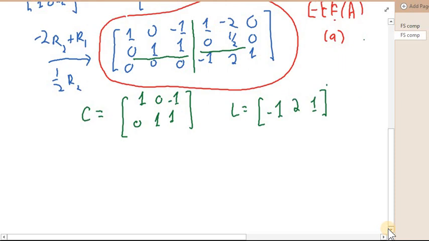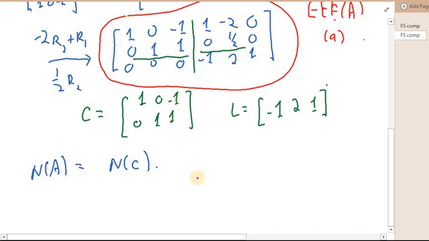So let's go ahead and find the different spaces. For instance, let's take the null space of A. Well, the null space of A is just equal to the null space of C. And C is in REF form, so we should be able to find the null space of C fairly quickly. As we've done before, you see the free variable is the third one.